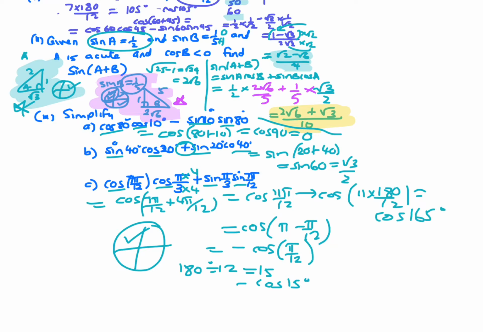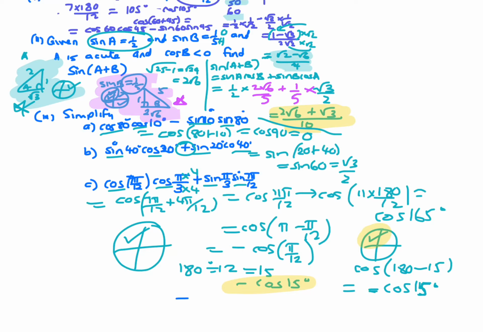So that's cos 165. It's in that quadrant, so it's the same as cos 180 minus 15, and it'll be minus cos 15 because it's the same as cos 15, it's just in the other quadrant, and it's negative because cos is negative in that quadrant.